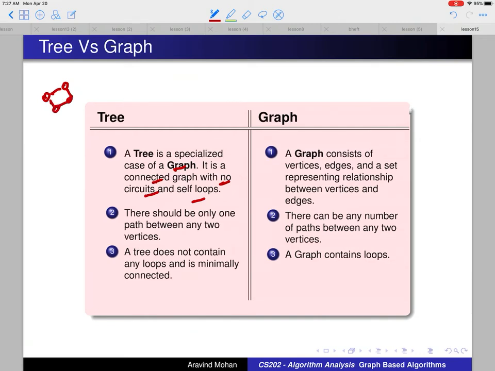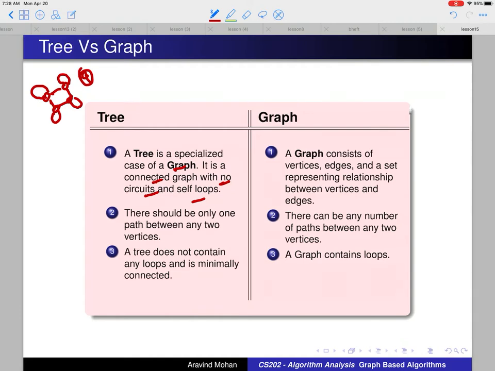For example, if you have a graph G that has a circuit here, which is a loop, then it's no longer a tree. And it should also have no self loop, which means it is looping within itself. That's again not possible in a tree, whereas a graph could have both of those properties.